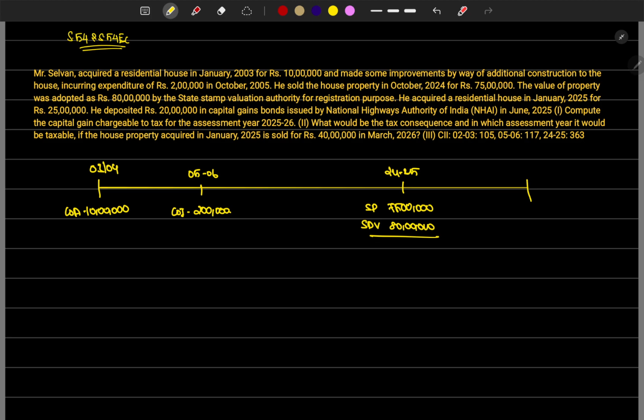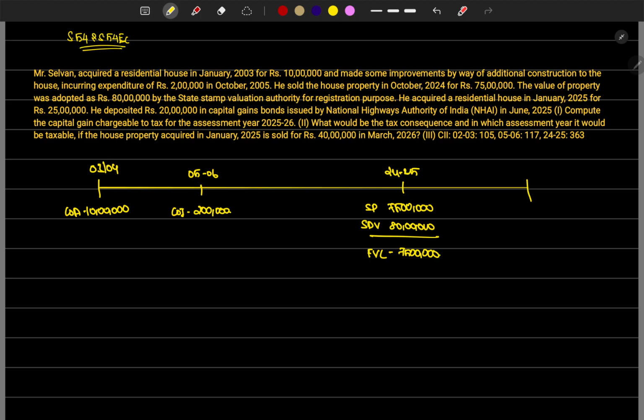I'll teach you: 75 lakh into 110 percentage. Since SDV is greater than the selling price, we have to do this. 110 percentage of SP is 82.5, and the SDV of 80 lakhs is lesser than that, so we can go with the selling price itself. So our sale consideration, our fair value consideration, is 75 lakhs.